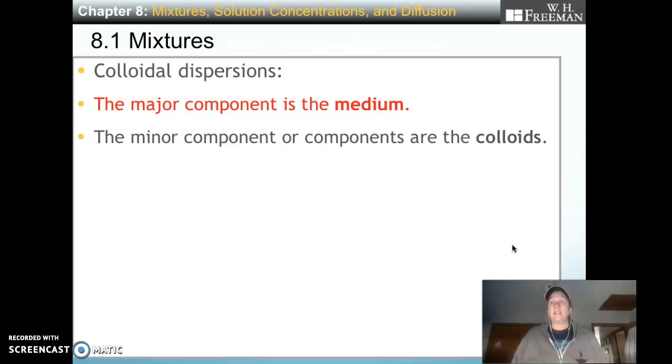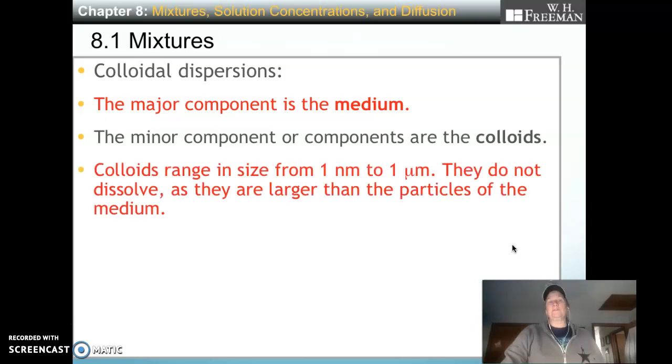Other examples of colloids would be like gelatin. You know, it's not clear. It's a little fuzzy when you look through it, or there's aerosols. There's all kinds of colloids. So they're in between a well-mixed mixture like a solution and then a suspension where you have big particles that settle out, okay? Here's the range. Under this range, less than 1 nanometer is your solution particles. Above this range, 1 micrometer is your suspension.